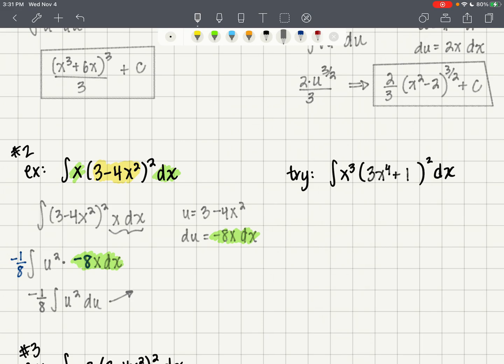So this is going to equal negative 1/8 times u cubed over 3. And then we're going to substitute back in our expression for u. So I've got negative 1 over 24, because negative 1 over 8 times 3 is negative 1 over 24, times u cubed, and u cubed is going to be 3 minus 4x squared cubed. And then don't forget plus c.